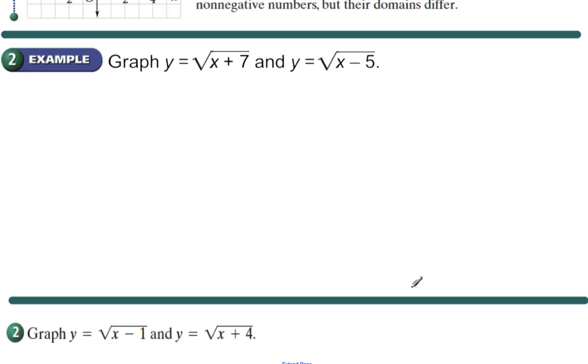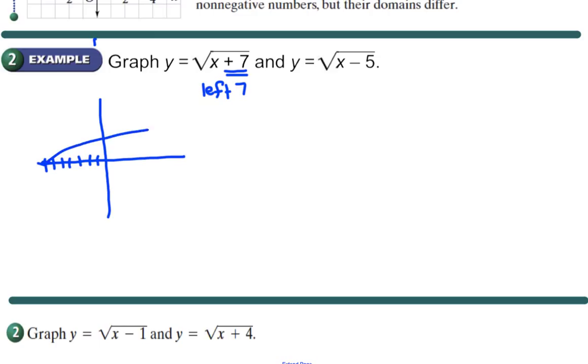Okay, so let's take a look at this one. Oop, not that high. So we want to graph y equals the square root of x plus 7. So because it has that plus there, our instinct is to go right, but remember then that means we go left 7. So 1, 2, 3, 4, 5, 6, 7. And then we put our point there, and here you go.